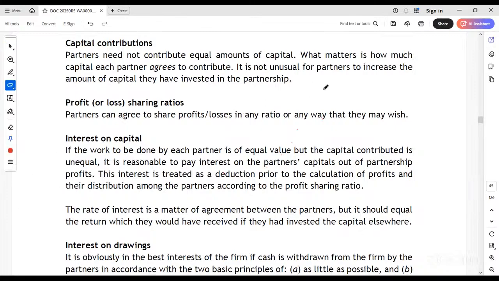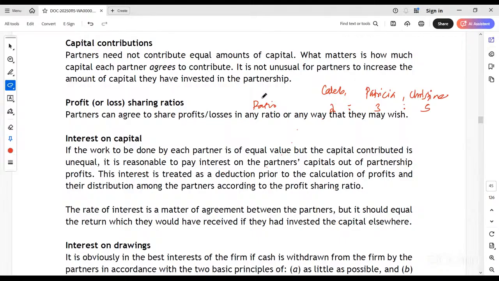Assuming we have Caleb, Patricia, and Christine, those are the partners in the partnership. We can say that Caleb, you take 2, Patricia will take 3, maybe Christine will take 5. That is their ratio, which they are going to follow when it comes to sharing profits and losses.